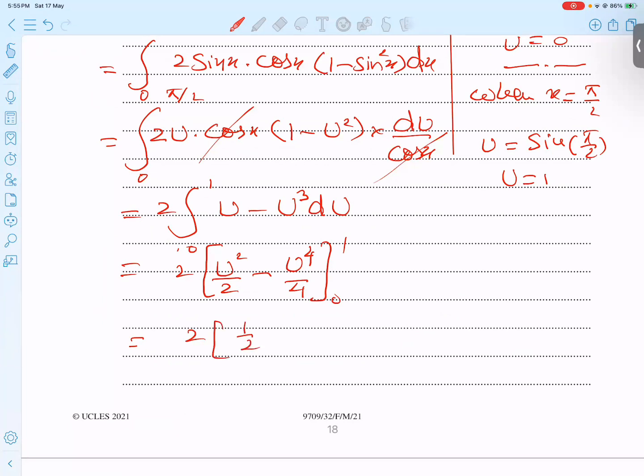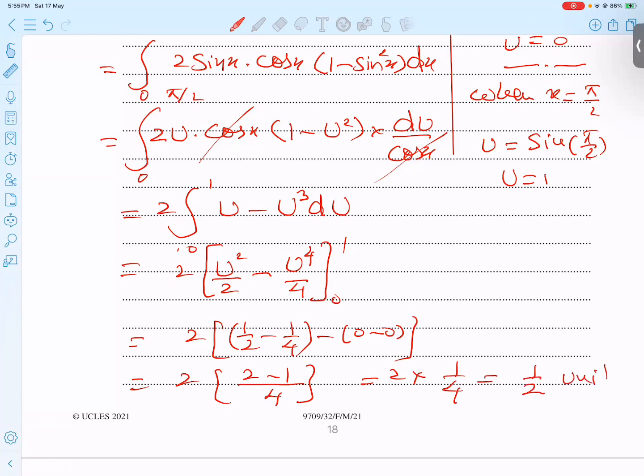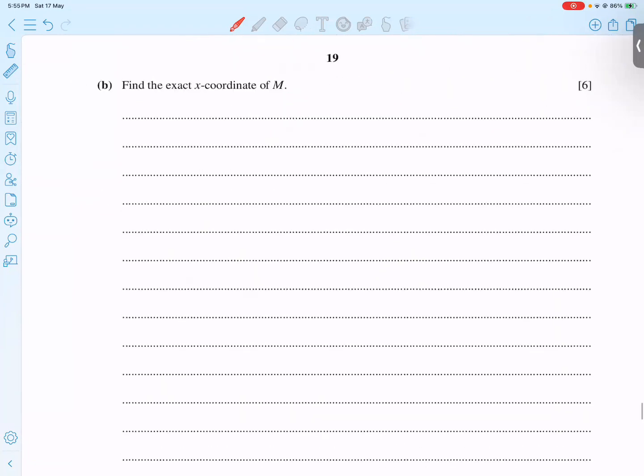So 1 by 2 minus 1 over 4, upper limit done, minus 0. So what is the final? Here I get LCM 4, so 2 minus 1, 2 times 2, 1 over 4, and ultimately I get 1 over 2 unit square. And this is my final answer. I hope the concept is clear. Let's go for the next part.